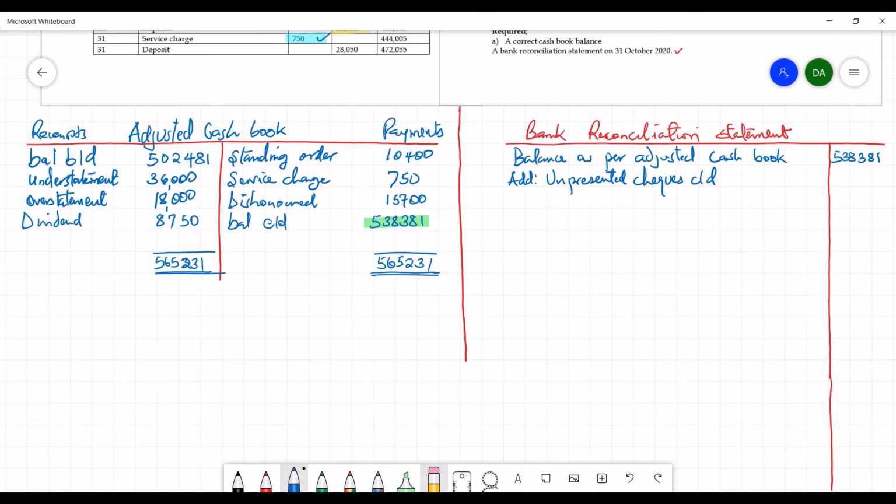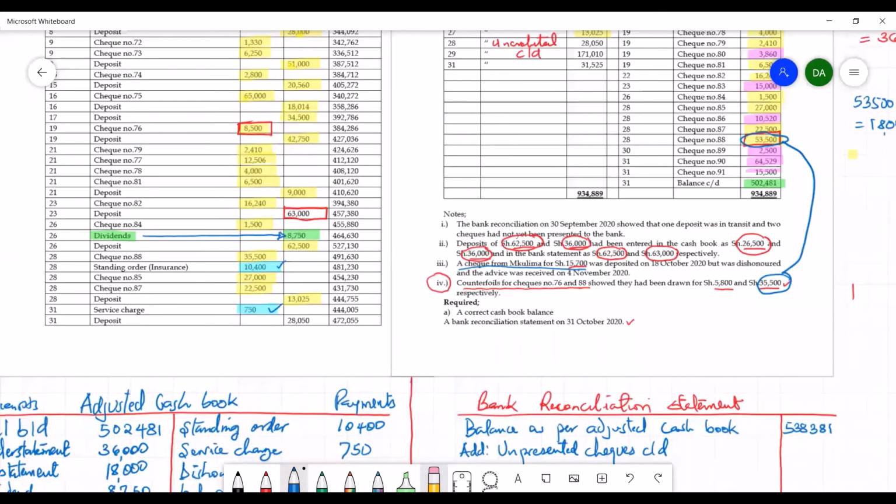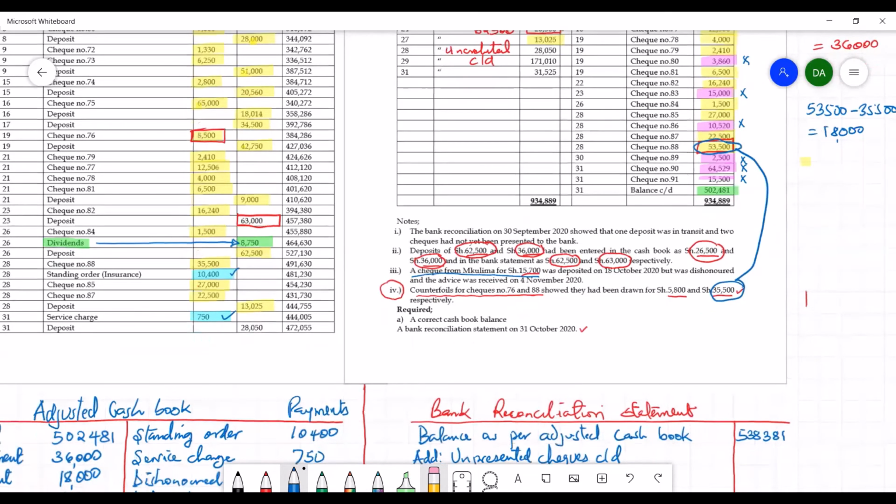And we have identified a number of checks. These are checks which at the end of the period have not been presented for payment. And we have check number 80, check number 83, check number 86, check number 89, check number 90, and check number 91. Those are the checks.